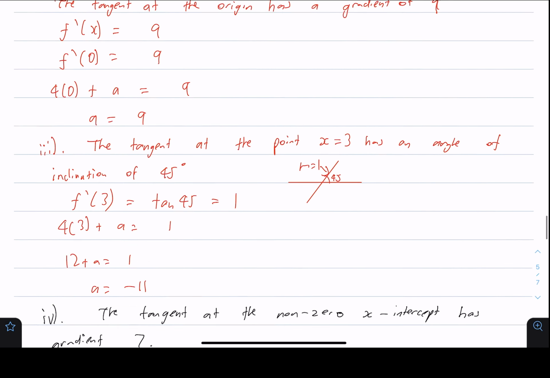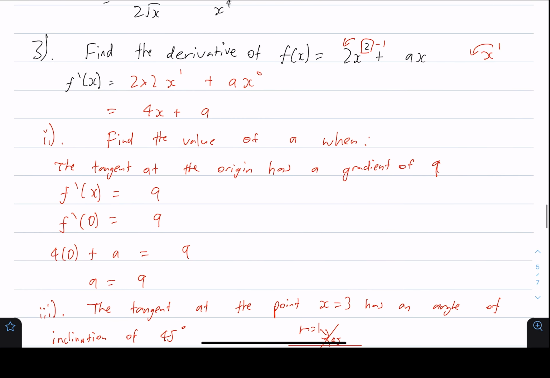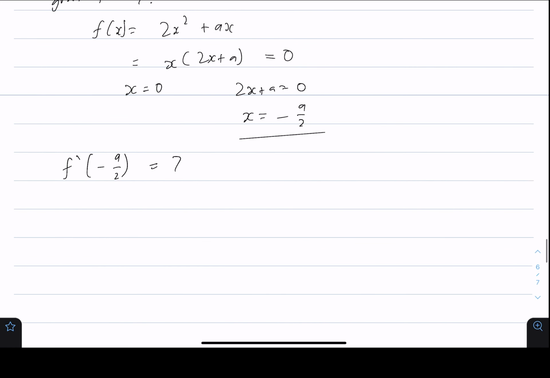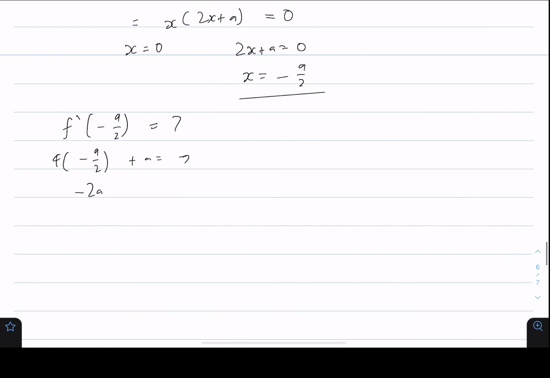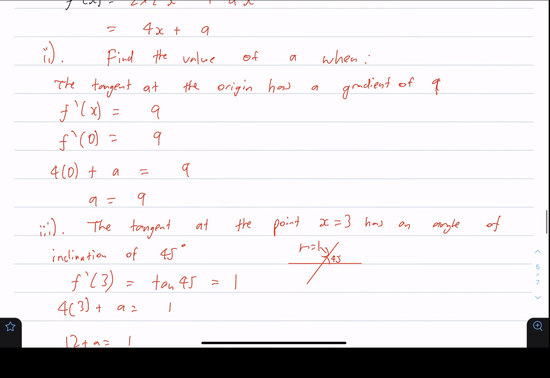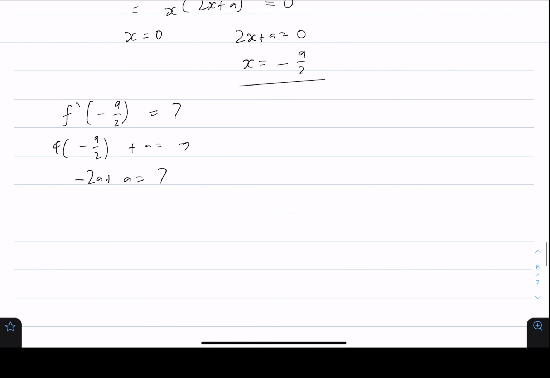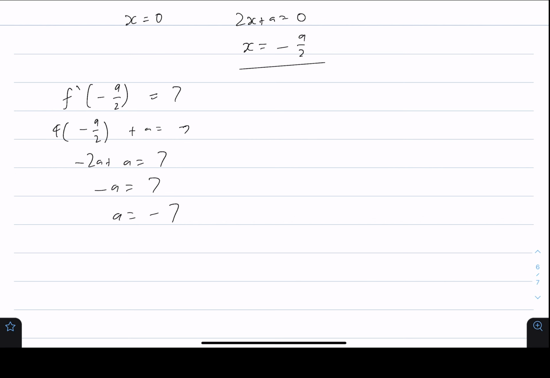So we look at our derivative, which is 4x plus a, and sub it in: 4 times negative a on 2 plus a equals 7, and we get negative 2a plus a equals 7, and negative a equals 7, a equals negative 7. So that's the value of a when the tangent at the non-zero x-intercept has gradient 7.